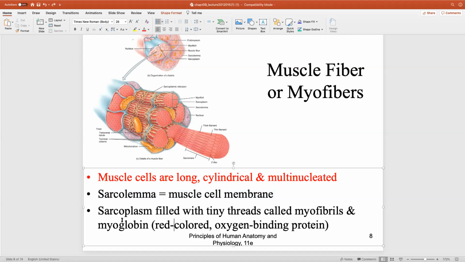Now, if you look really closely at the sarcolemma of a skeletal muscle, imagine you have a skeletal muscle cell in front of you, and I've blown it up so you can see it without a microscope. You see the outer membrane, the sarcolemma, and then if you look close enough, every now and then you see little holes on the inside of the membrane.